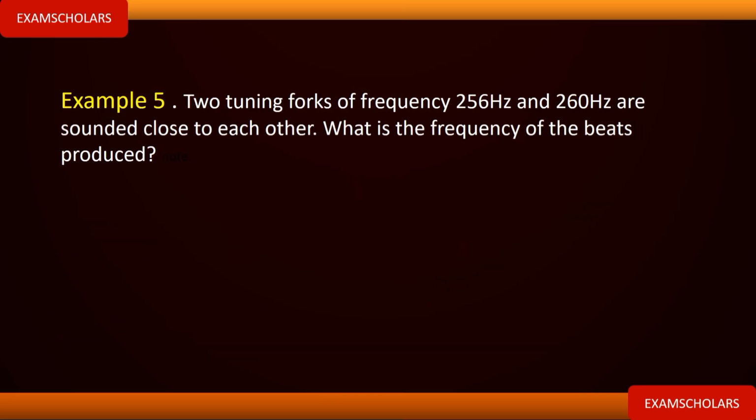The next question: two tuning forks of frequency 256 Hz and 260 Hz are sounded close to each other. What is the frequency of the beat produced? This one is very straightforward and simple. If you want to find the frequency of beats when two things are being sounded together, what you just need to do is find the difference between them.